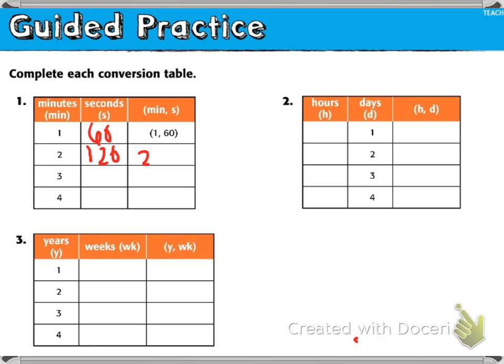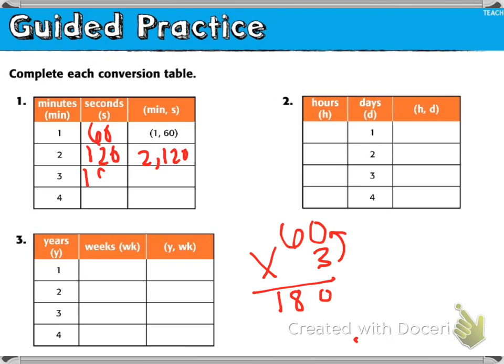So we'd write 2 and 120. 3 minutes, well, if we're not sure, we can go 60 seconds times 3 minutes, and that will give us how many seconds? 3 times 0 is 0, 3 times 6 is 18, so 180 seconds.